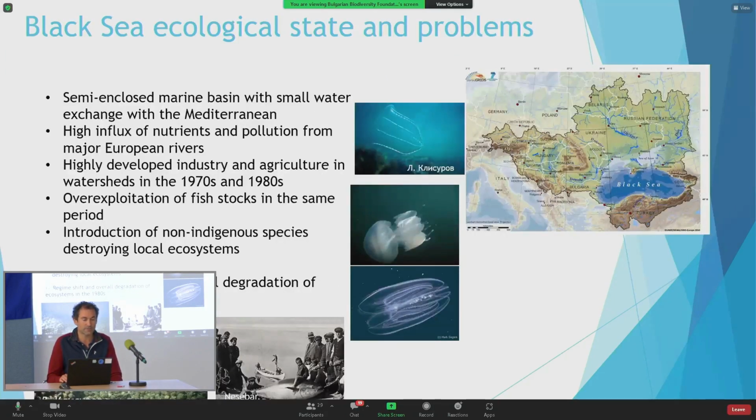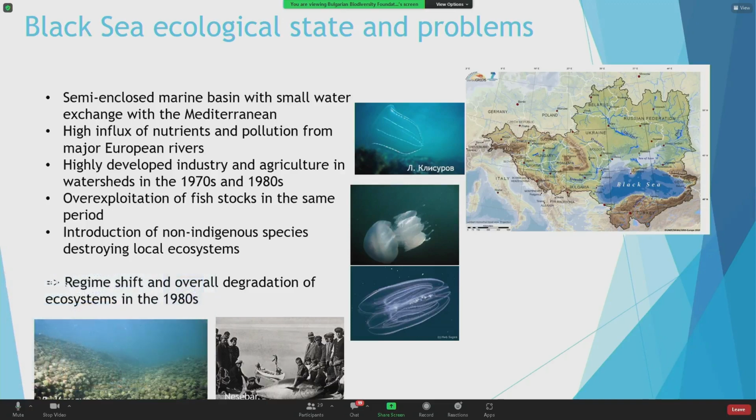Very briefly, the Black Sea is a very special marine ecosystem because of the many ecological problems that are happening in the area. It is a very closed basin which receives a lot of inputs of nutrients and pollution from the big major European rivers like the Danube and the Dnieper, because of highly developed industry and agriculture, which weren't controlling the pollution and release of nutrients in the waters.